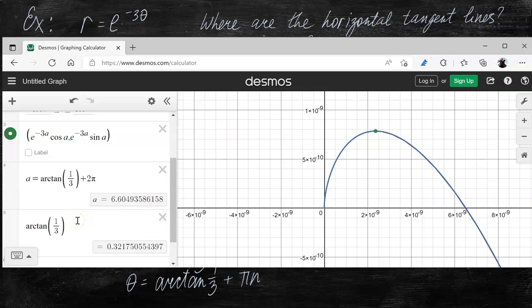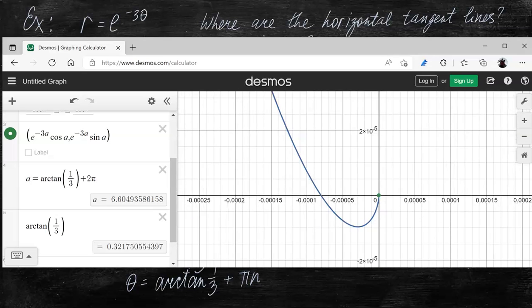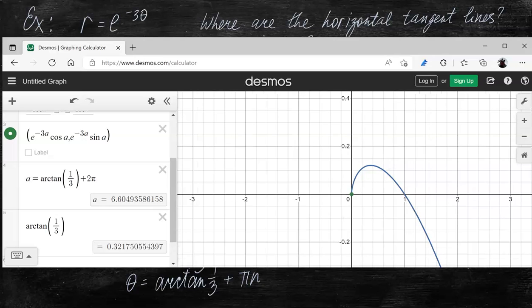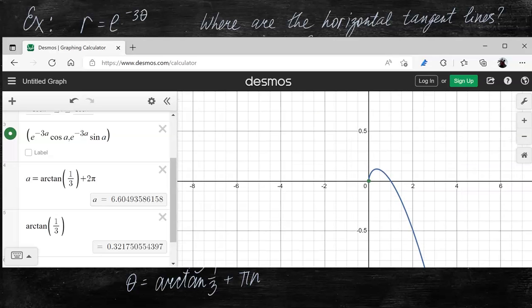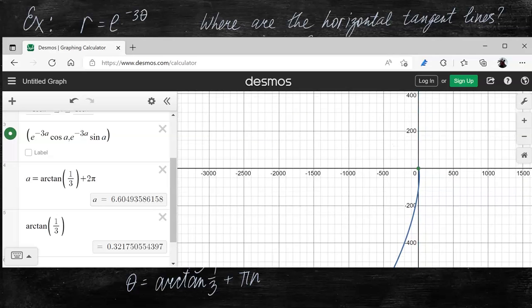So we have found all the points where the graph has a horizontal tangent line, and we actually learned something about the graph, which would be really hard to learn just by looking at the graph of the curve.